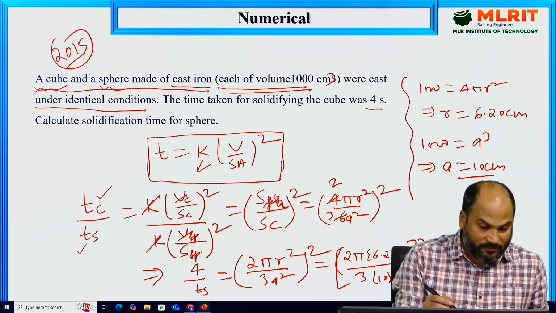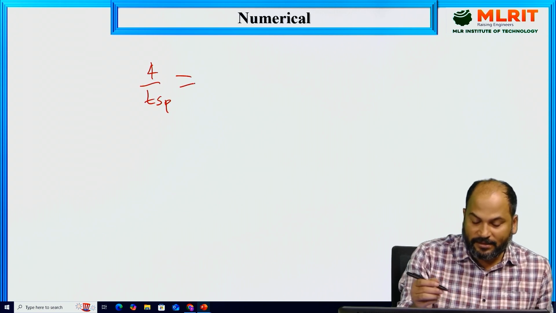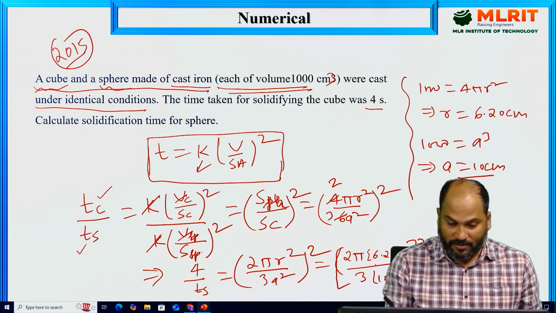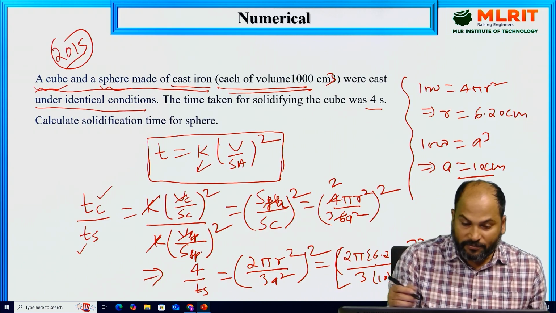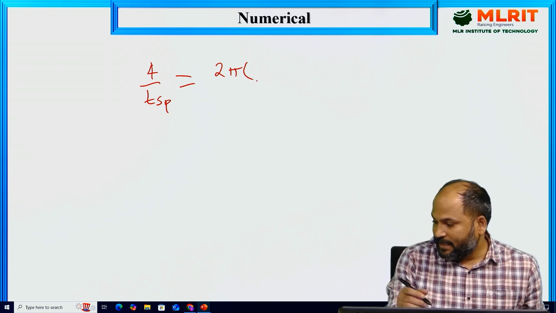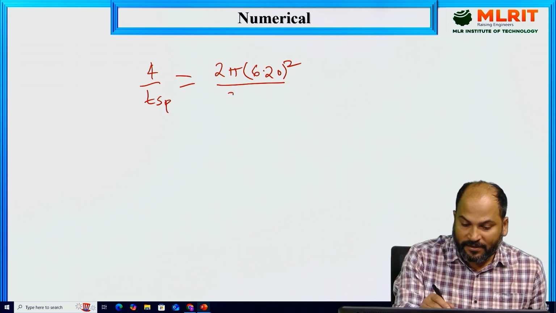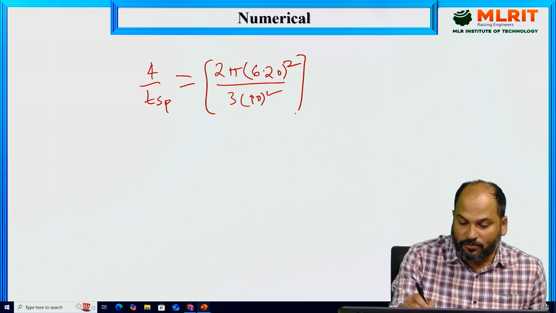So this value is actually 4 upon the solidification time for the sphere, and this is equal to, as this is behind, so I am writing it again. It will be 2 pi and the radius is 6.20, so 6.20 square of this one divided by 3a square, meaning 10 square, and this whole square.